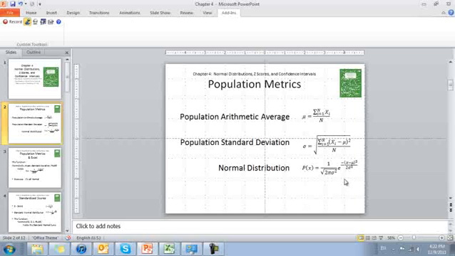We're going to use this entire equation in Excel.